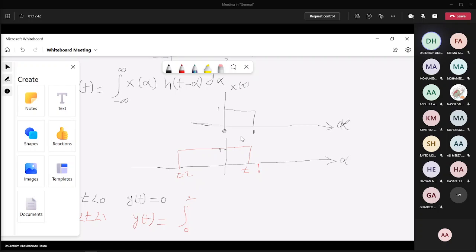This is equal to 1 and this is equal to 1, so 1 multiplied by 1 is 1, d alpha. So the integration of 1 is alpha from 0 to t. So it is equal to t minus 0, which is equal to t.